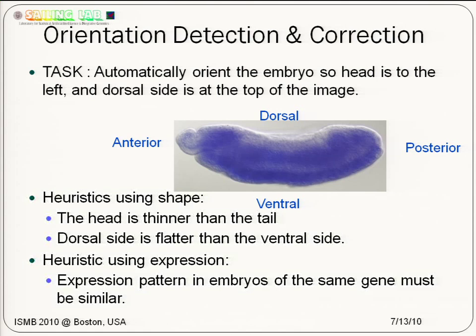Now, two that we can find out what this is. Step 1, where use the heuristic and that the dorsal side is and build up some features and correct for it. Analysis.